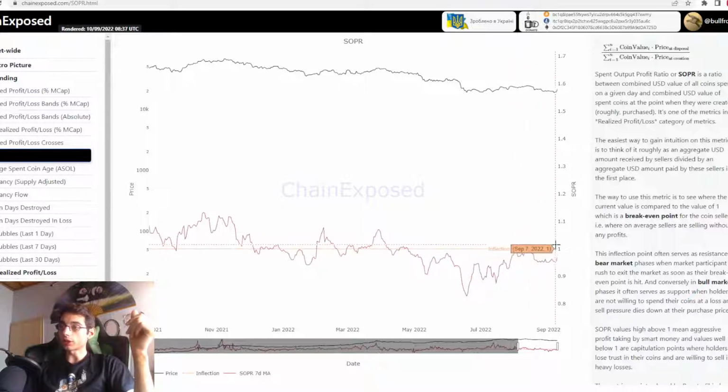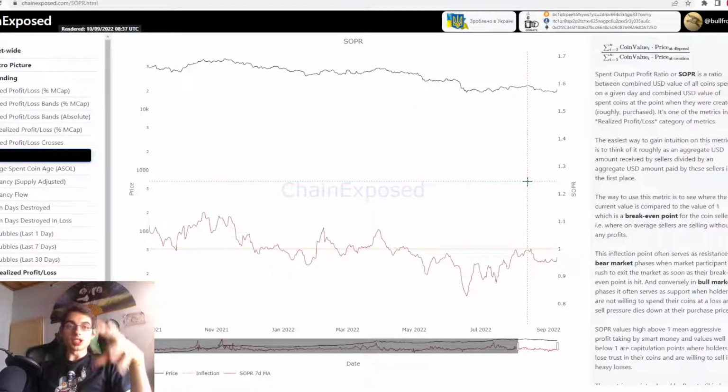It works the same as the aSOPR, where 1 is a break-even point and above is a profit zone in the aggregate for the market, while below 1 we are moving coins at a loss. But just with the one-hour transactions that make the noise.